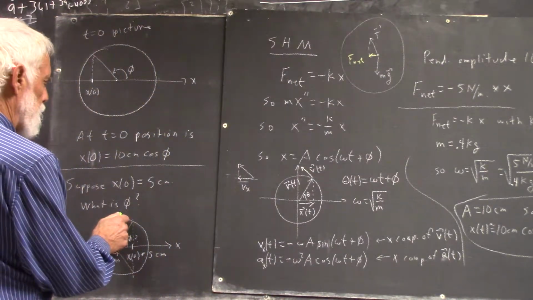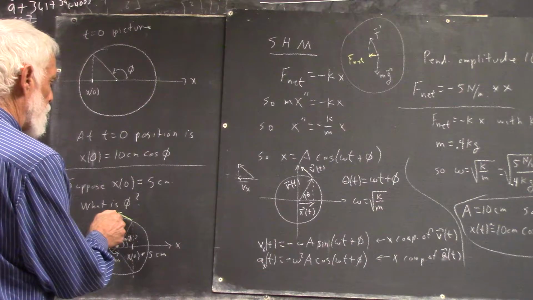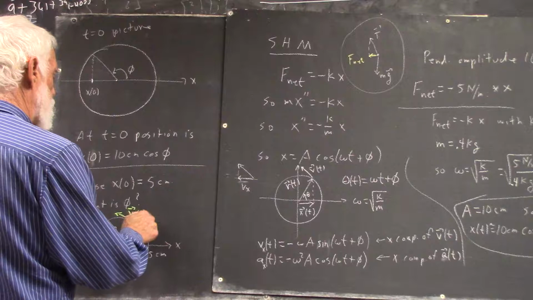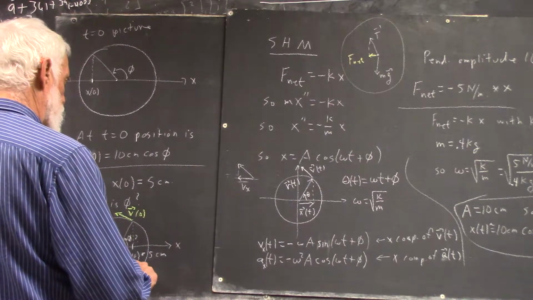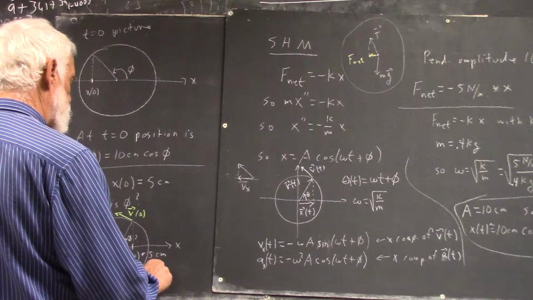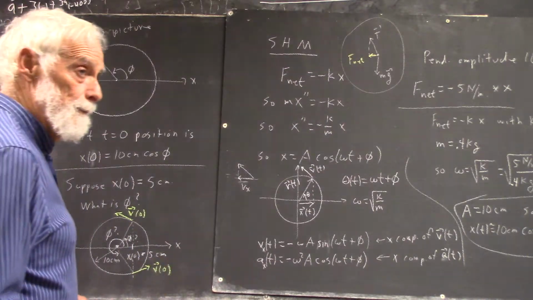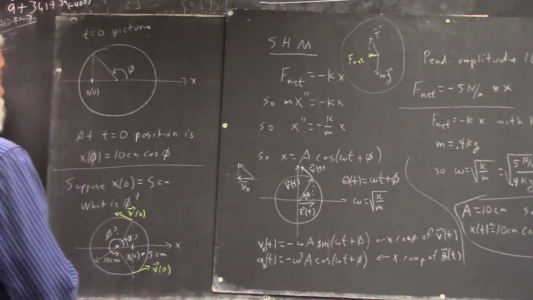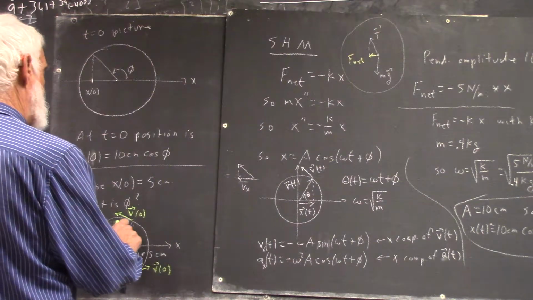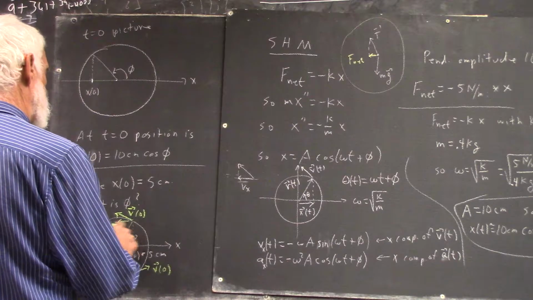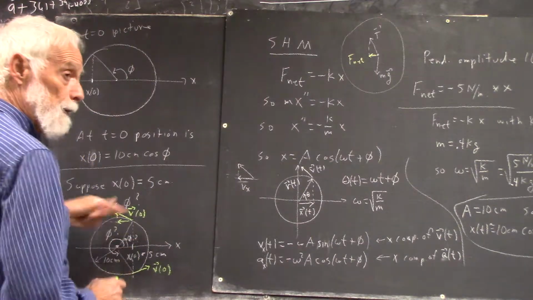I mean, this would be your v of 0 now. Or this would be your v of 0. Okay? Well, in this case, your Vx of 0 is in this direction.